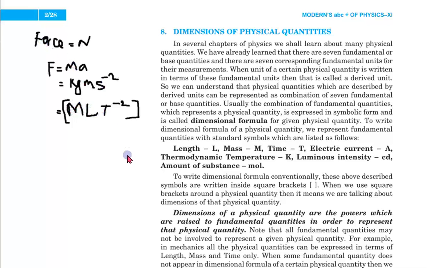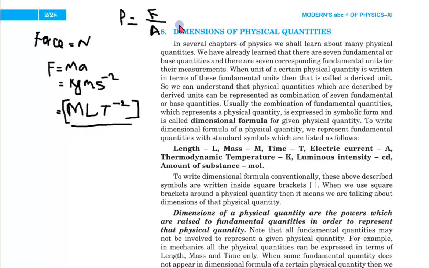They change here. For example, pressure. Pressure's formula is force by area. So I've already calculated the dimensions of force here. If I divide this by area, I'll get pressure.